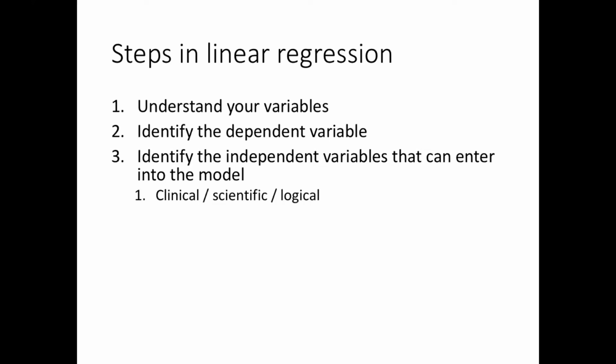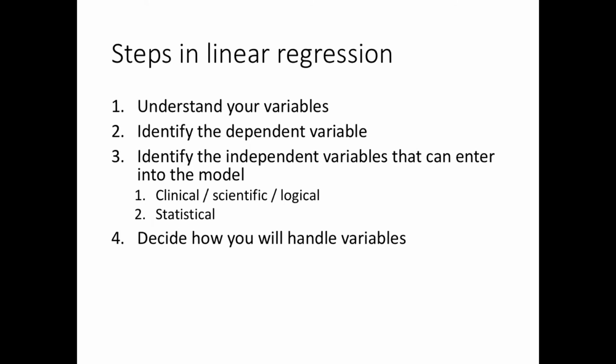Number 4, in this third step, while trying to identify which variables to bring into the equation, this can be based on clinical knowledge, on your scientific knowledge, or a logical understanding of the problem. It could be based on the statistical analysis that you have done before doing the linear regression.